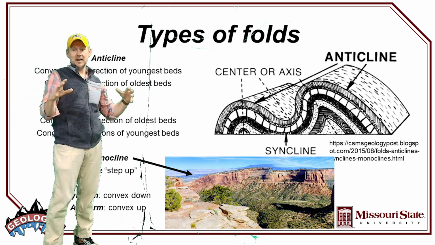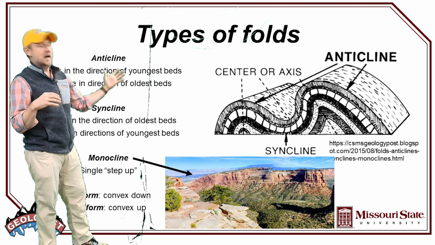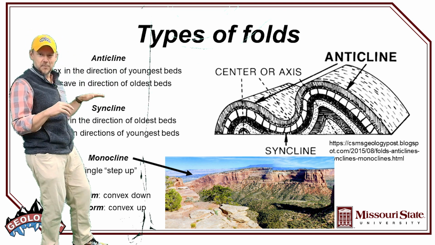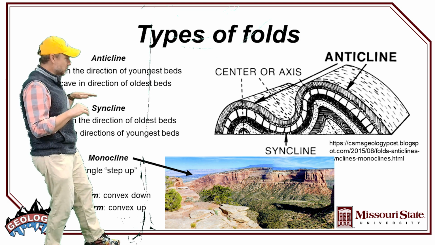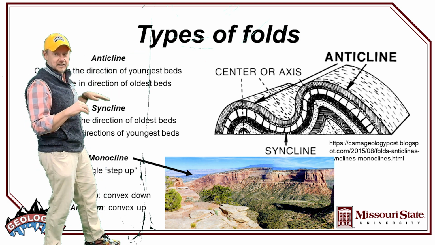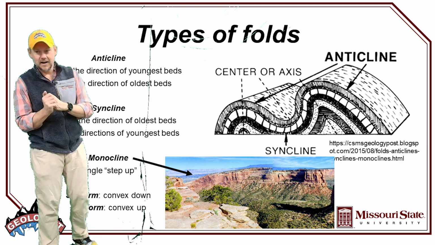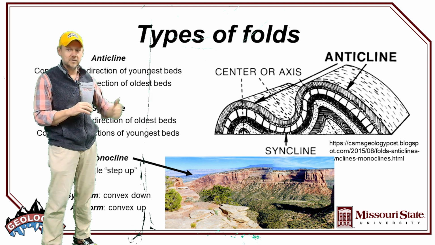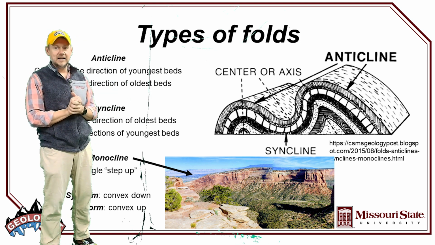There are other types of folds as well. We can have a monocline. Monoclines are not really uncommon, and they're almost like a step up. So instead of having a true fold, you have just one, what we call limb, where you have a ramp up in the rocks. There are several famous ones, specifically in and around the Colorado Plateau, the East Kaibab monoclines. This is a beautiful example right here.